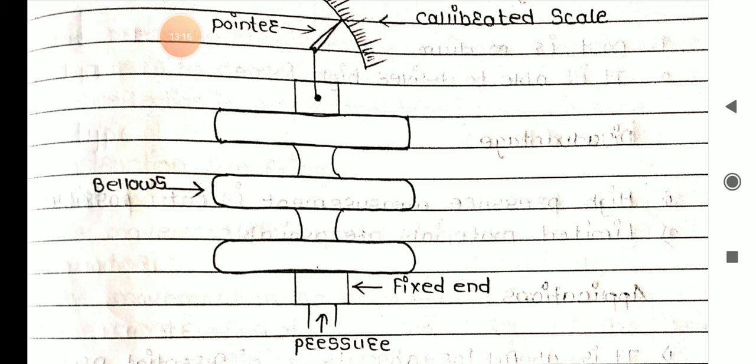Then the bellows gives a reading so that the pointer indicates on the calibrated scale. So it will provide the expansion or compression as maximum or minimum deflection through that pointer as well as the calibrated scale. So best example, you can take one marriage function.